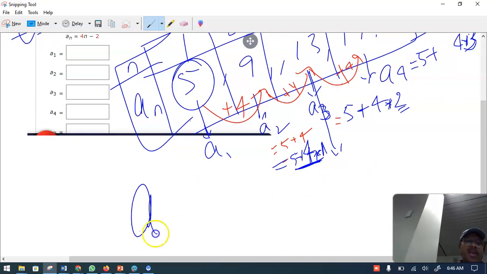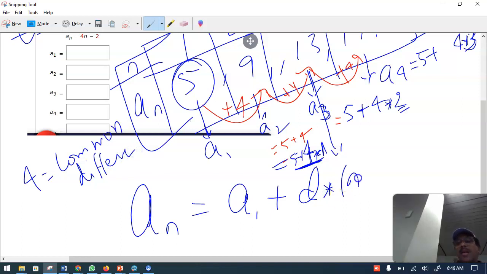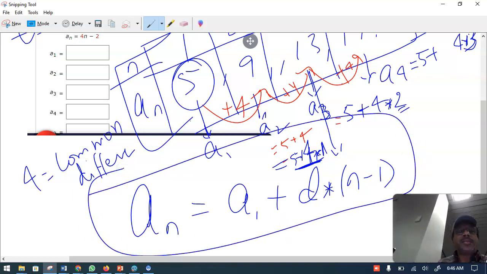A of n is always the very first term plus d times, whatever the difference, that's called d. The 4 that you see here is the common difference. The difference is always the same, and you're multiplying by n minus 1. So this is how the nth term formula is. If they ask you to create an nth term formula, that's how you do it.